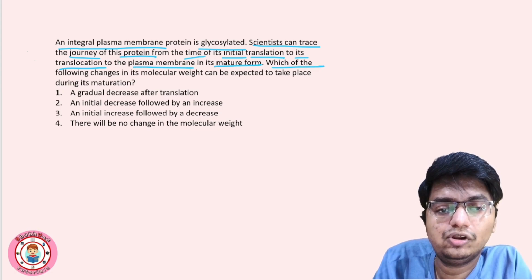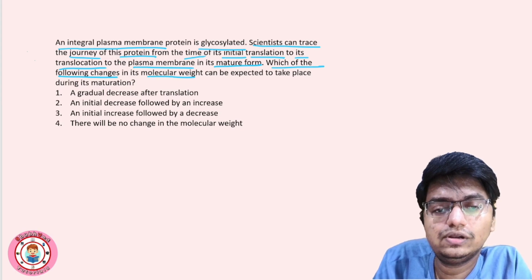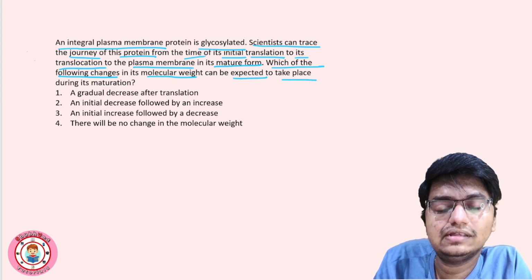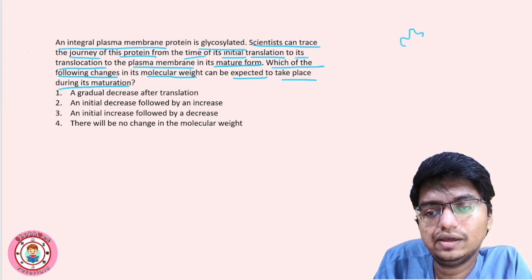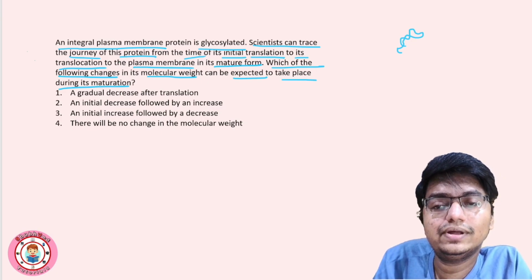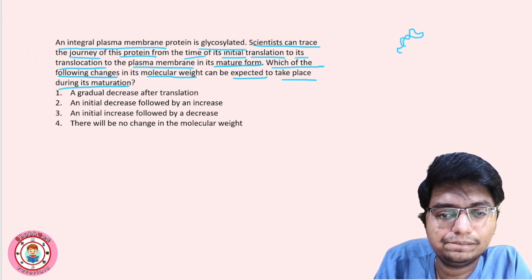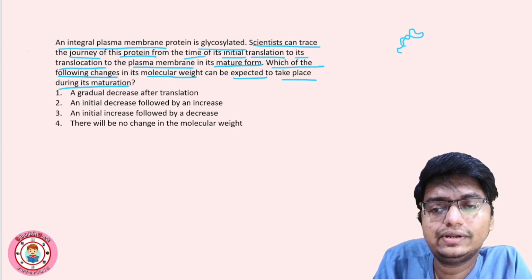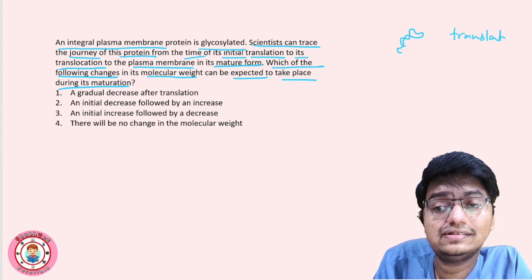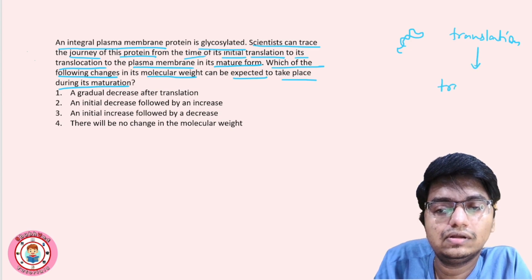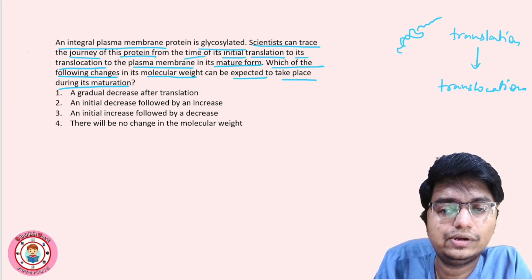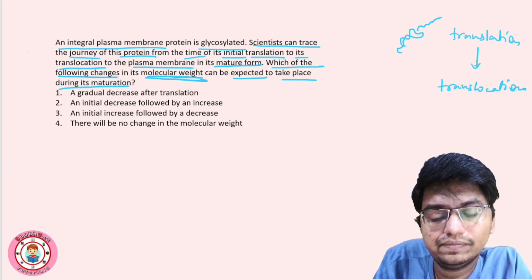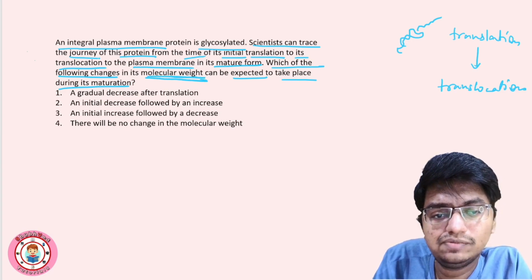Which of the following changes in its molecular weight can be expected to take place during its maturation? Now see, it is a protein, and we are tracing its pathway from translation to translocation. You are tracing it completely, and this is a glycosylated protein. So which are the changes in the molecular weight during its maturation?